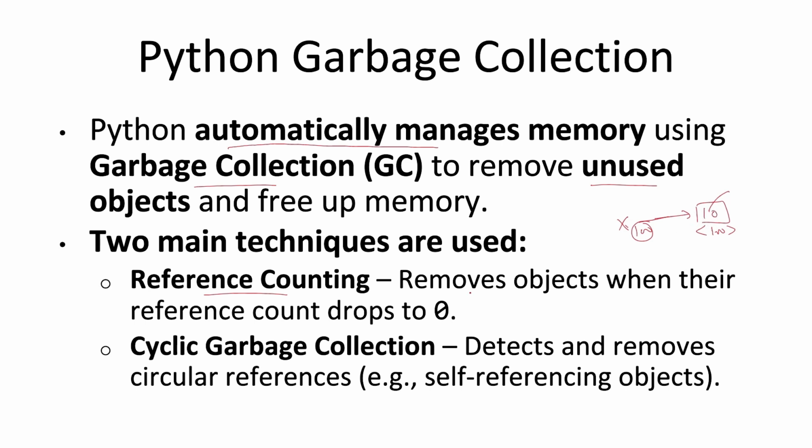It keeps the reference count. Then cyclic garbage collection: there are two variables, with addresses for example 100 and 200, each keeping the other's address. Both are referencing each other. This is called a cycle. So Python garbage collection automatically collects unused objects and frees memory, using reference count and cyclic garbage collection.